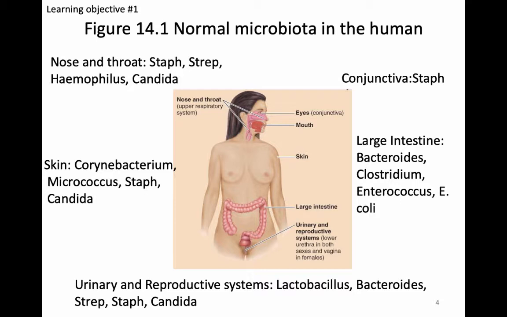The majority of our normal microbiota is living in our large intestines, and they help us to digest our food, among other things. We have microorganisms living on our skin, and we have microorganisms living in our urinary and reproductive systems. I've listed several of the common groups of microorganisms in all of these areas, but you'll not be tested on which groups live in which part of the body.